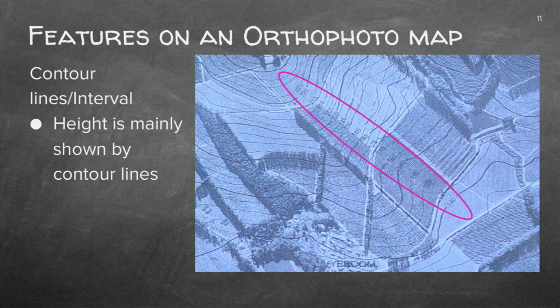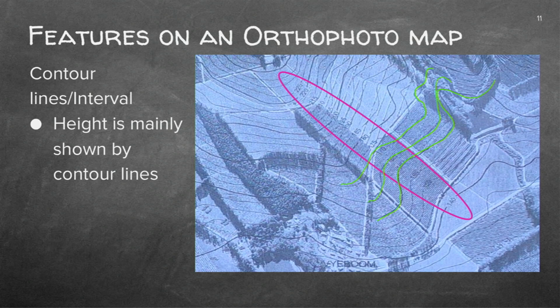All right. So other features of an orthophoto map is that you will see all orthophoto maps have contour lines. And you can see all of those contour lines. Those contour lines are simply information about the elevation or the altitude of a place.